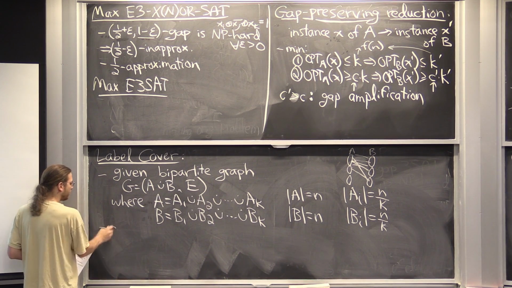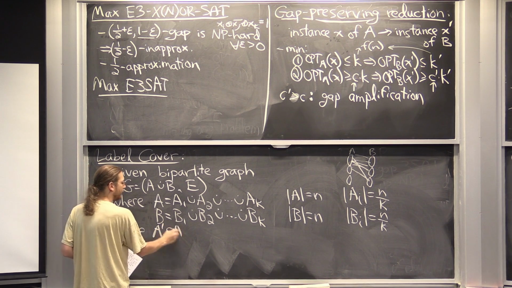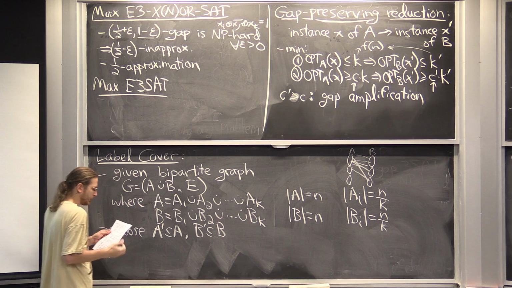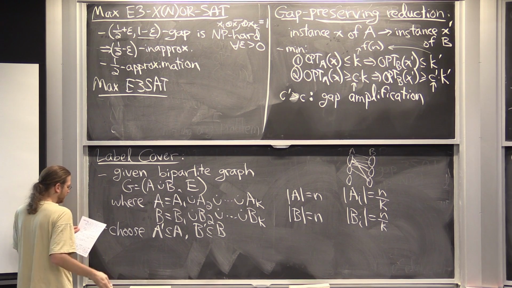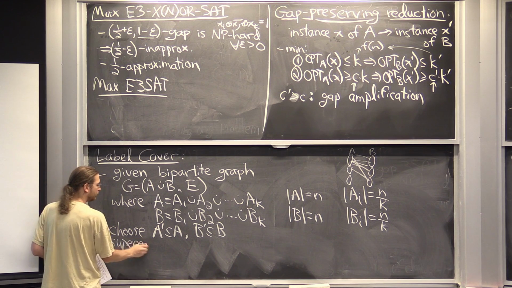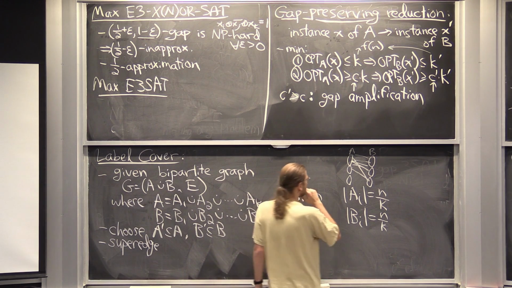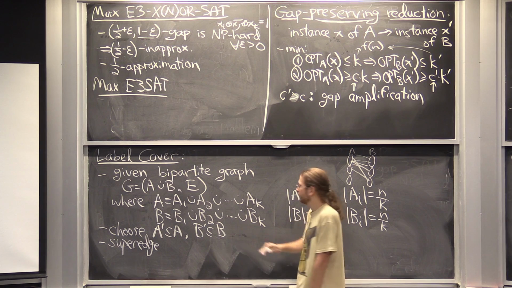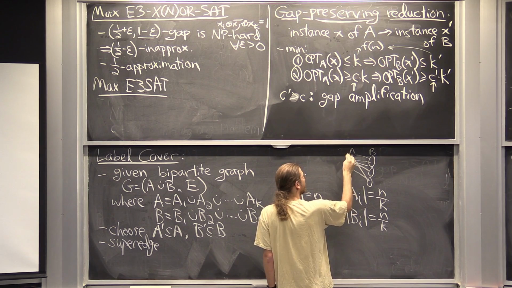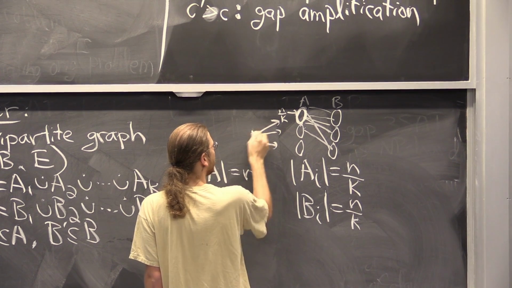In general, your goal is to choose some subset of A, let's call it A prime, and some subset of B, call it B prime. And one other thing I want to talk about is called a super edge. Then I'll say what we want out of these subsets that we choose. Imagine contracting each of these groups. There are n over k items here, and there are k different groups.